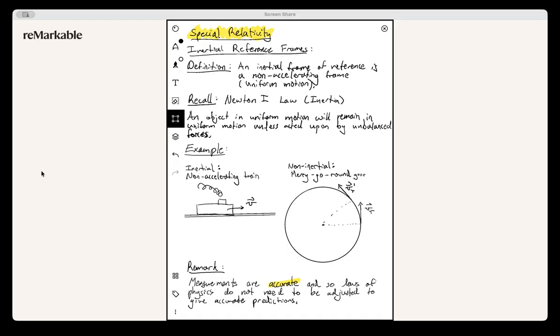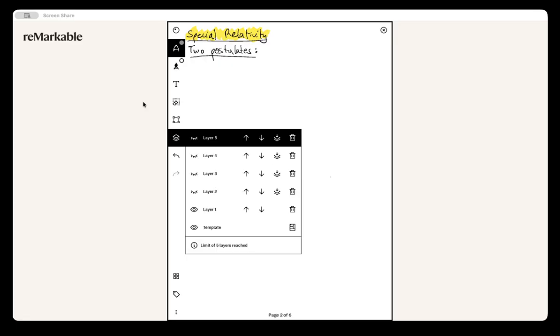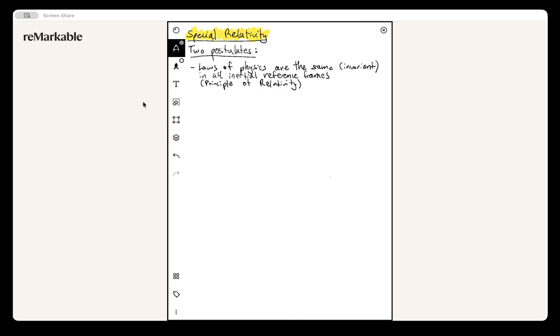But if we are transforming to a non-inertial reference frame, like in this case of the merry-go-rounder, we're transforming from the inertial reference frame of a bystander to the non-inertial reference frame of the merry-go-rounder, then we have to introduce these fictitious forces to get accurate predictions. And this relates to special relativity because Einstein developed his two postulates.